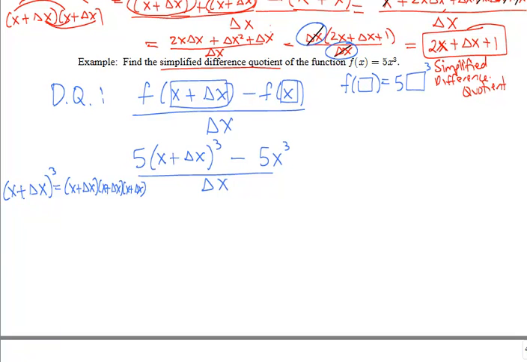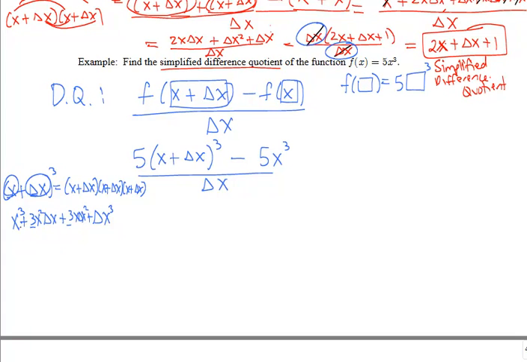What I know is that when I cube a binomial, it's always this first term cubed, and on the end this last term cubed, and then I have 2 middle terms. The first middle term has 2 x's and a delta x, and the second middle term has 1 x and 2 delta x's, and both of those middle terms have coefficients of 3.